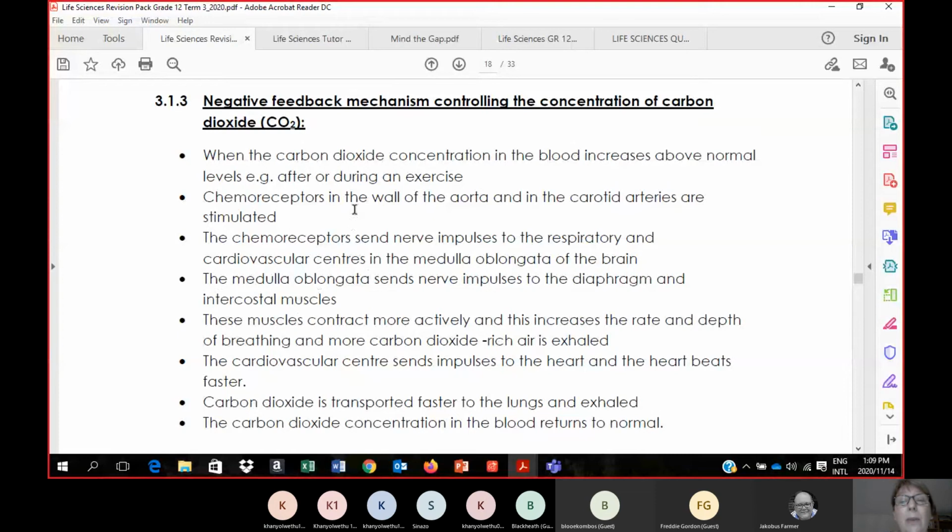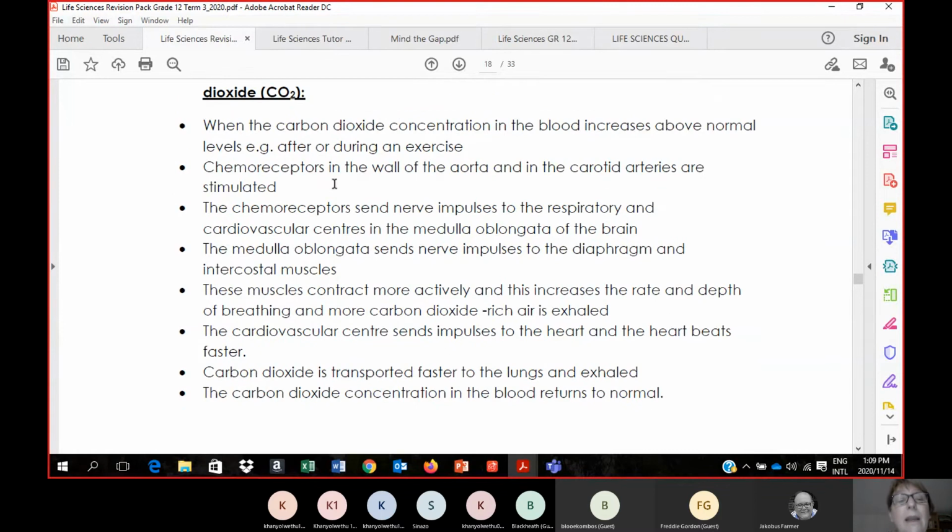So let's see what happens when the carbon dioxide increases. So let's say you've been doing some vigorous exercise and the amount of carbon dioxide in the blood has increased. Now again, your receptors pick this up, and these are found in the aorta. That's a big blood vessel which leaves the heart. And your carotid arteries, these are blood vessels which go up to the brain.